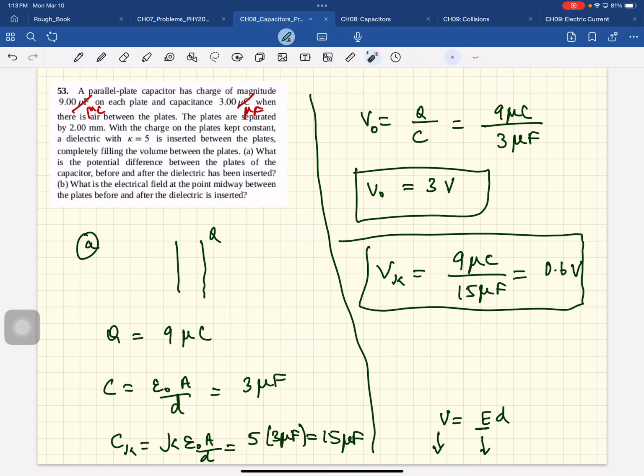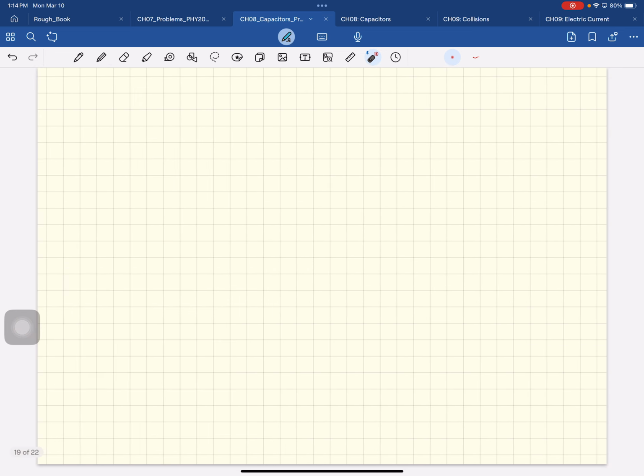In part B, they ask you, what is the electric field at the point midway between the plates before and after the dielectric is inserted? So now we'll calculate the electric field. The electric field is V divided by d.